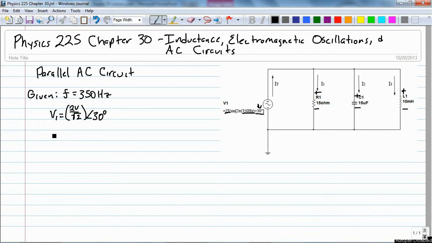R is 15 ohms. C1 is 15 microfarads, and L1 is equal to 10 millihenries.